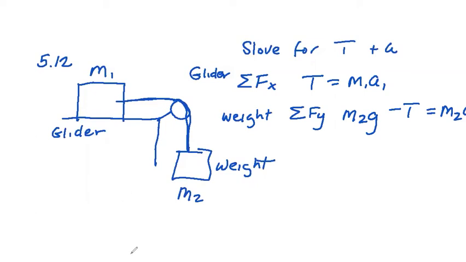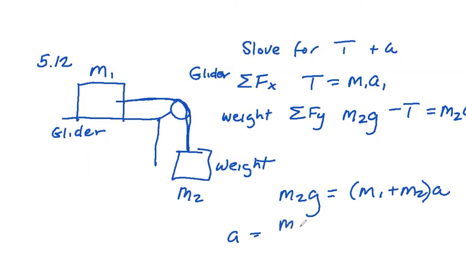Now for the acceleration, how we did it in the lab and how you can do it here is we know that M2G is providing the force for the acceleration of M1 plus M2 times A. So A is going to simply equal M2G divided by M1 plus M2.